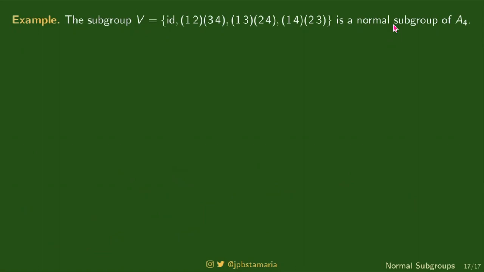Okay? 12 yung elements ng A4, 8 3-cycles, 3 products of disjoint two cycles, at identity. Kaya nga nang sabi ko, pwede nyo i-classify yung A4 into 3 conjugacy classes. Actually, nililista ko dati, yun yung conjugacy classes. Ito yung mga 3-cycles, no?